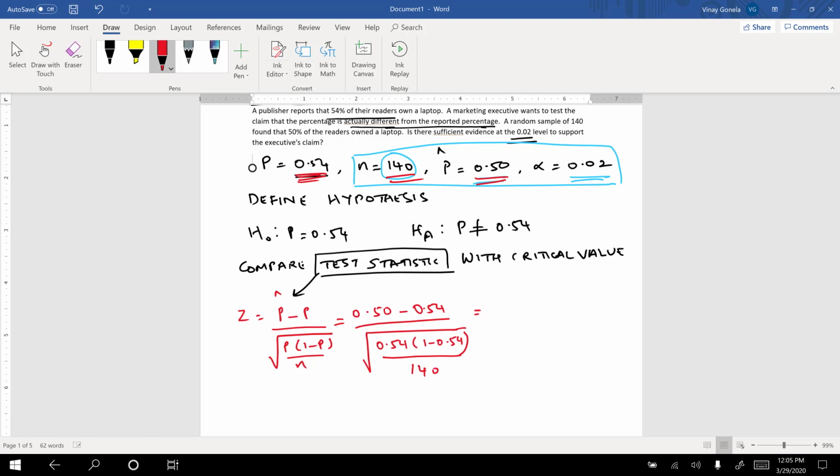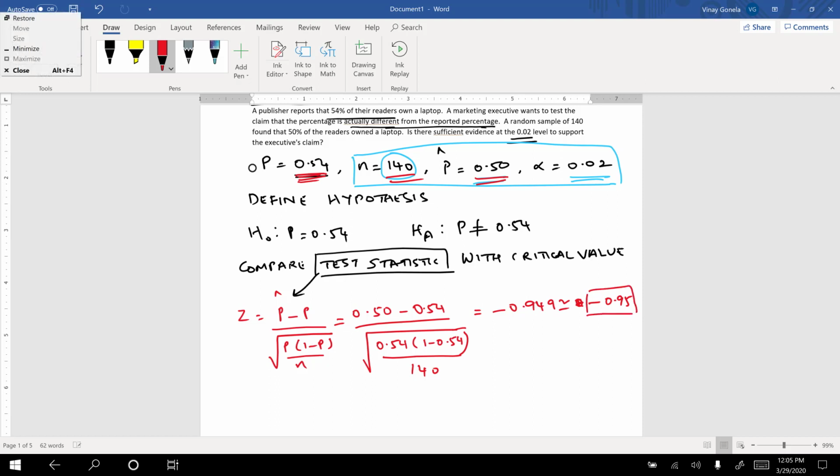This is going to give us negative 0.949, which is negative 0.95. So that is our test statistic value. We will keep this.